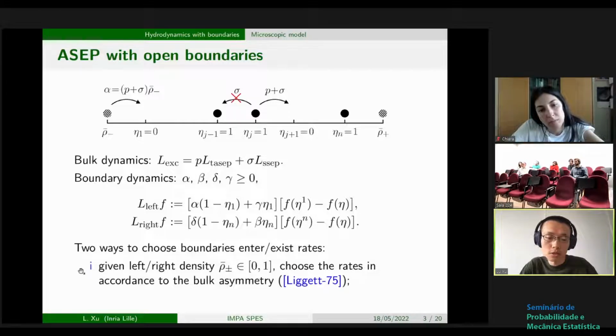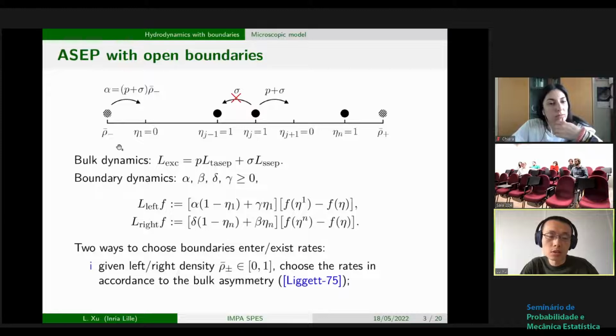The first one is the more classical one, and most of the existing results concern this choice. This was first made by Thomas Liggett in his very early paper. The basic idea of this choice is that the particle jumps from the reservoir in accordance with the jump rate in the bulk. So what does it mean?